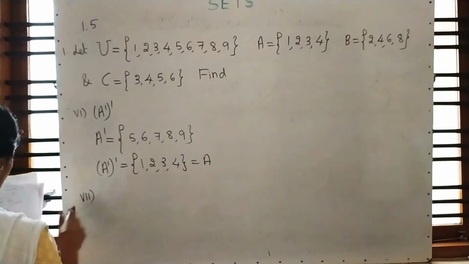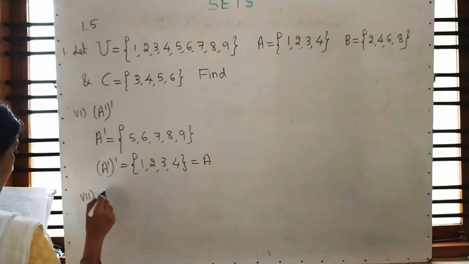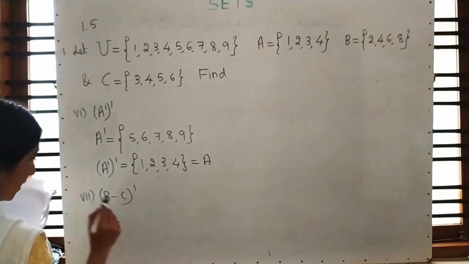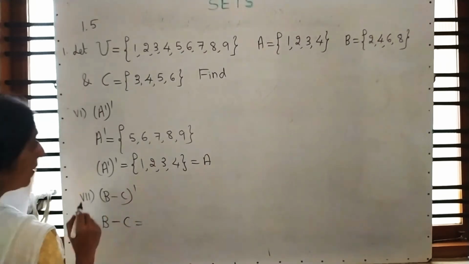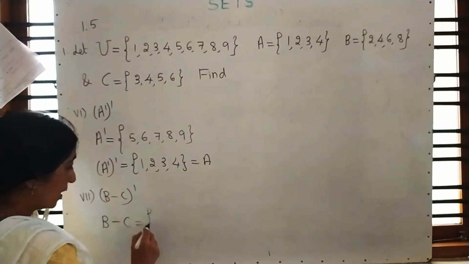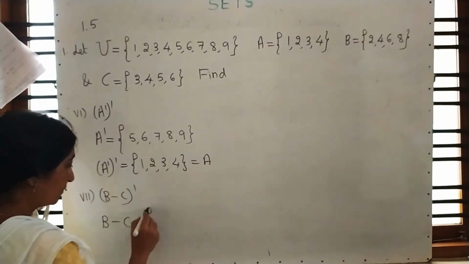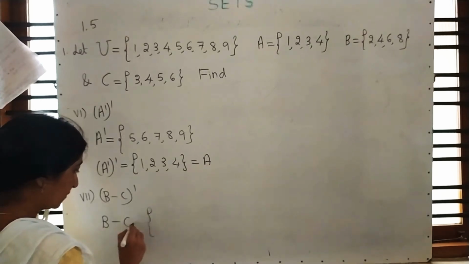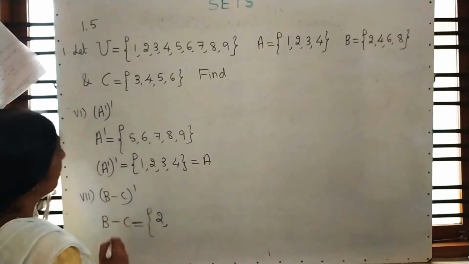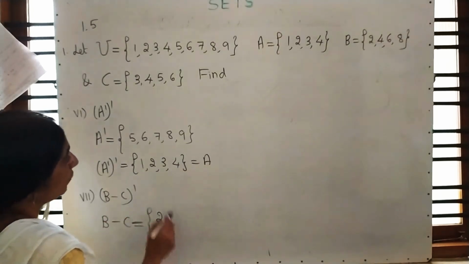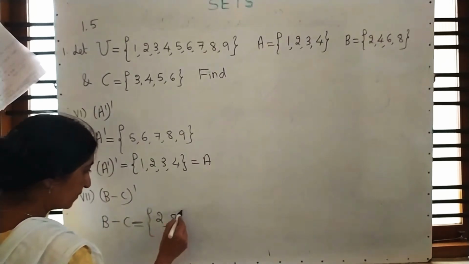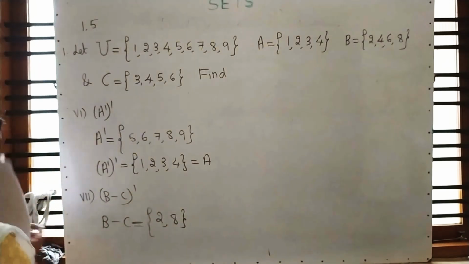Moving to the next question, that is (B minus C) complement. For that we have to write the difference of B and C. So start with B, comparing with C. 2 is present only in B, not present in C. Then 4 is present in C also, then 6 also present, and 8 is only in B. Now write down its complement.